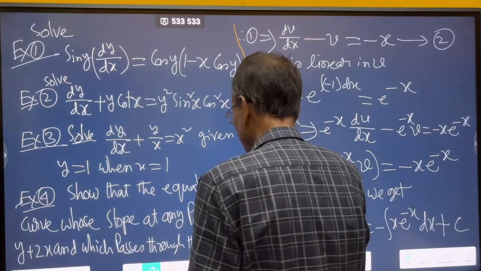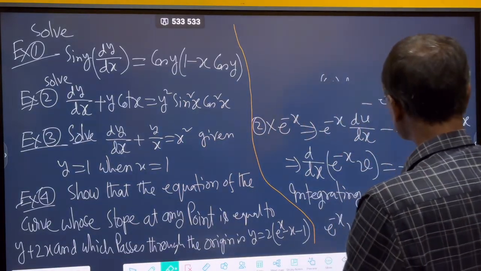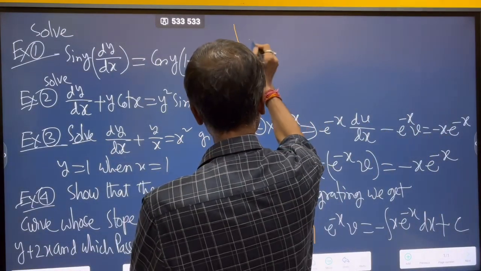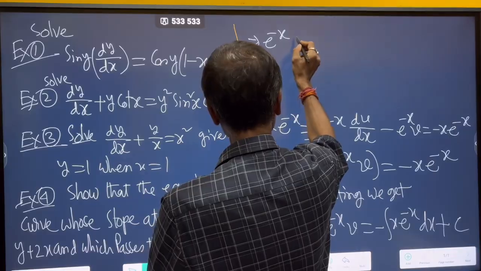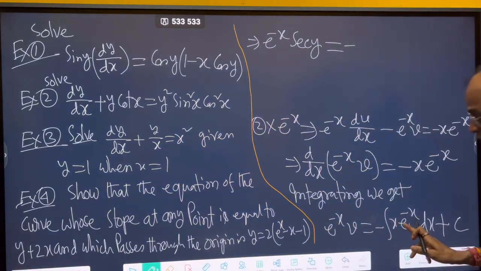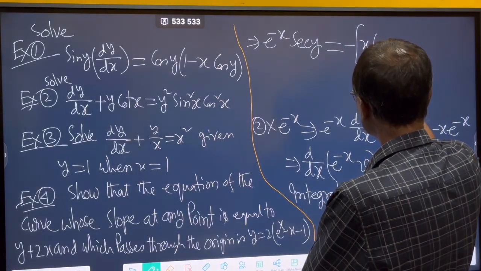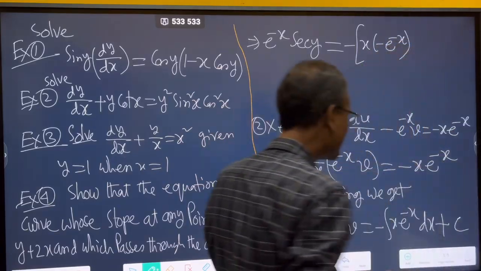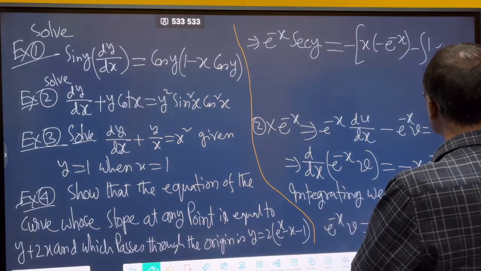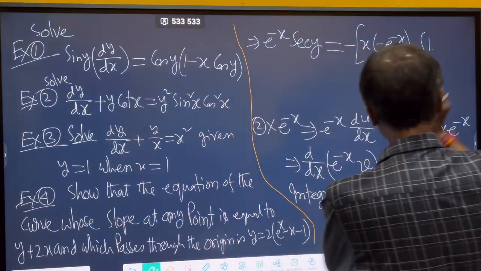Now, v means sec y. This is a product function: take the first function x into the integral of the second function, which is minus e to the power minus x, minus the integral of the derivative of the first function and the integral of the second function.